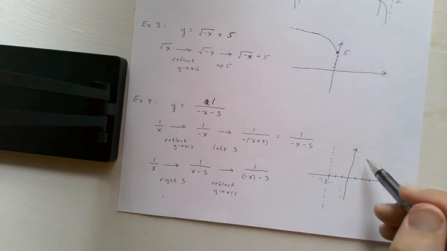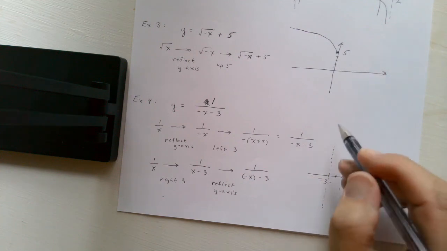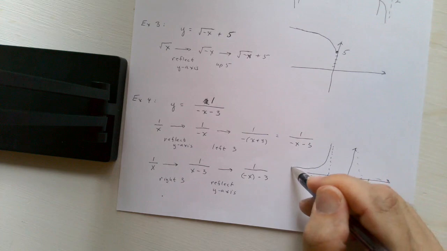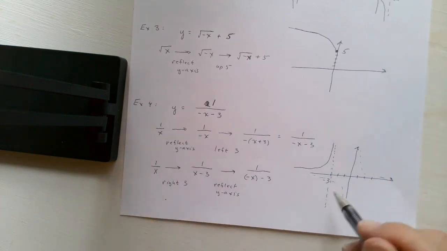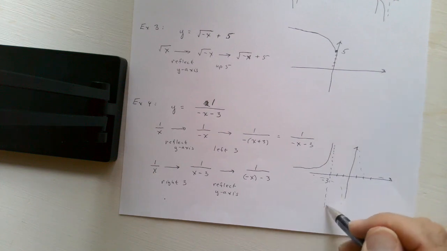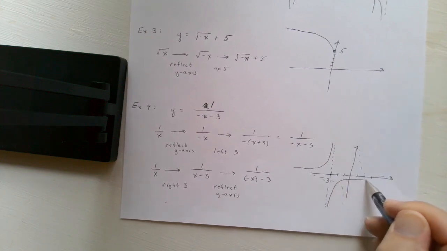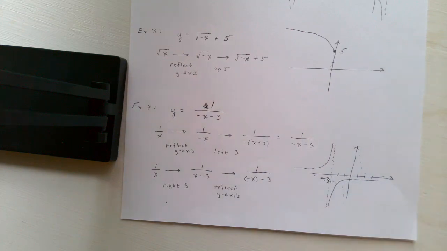If we follow it here, we reflect through the y-axis, so it's over here, and when we shift left 2 units, we'll get this point, this piece right here. And then we can see that the other piece is going to be down here. We can take this point, reflect it through the y-axis, it's over here now, and then we shift it, so it'll be like this. Okay, so that's what it should look like.